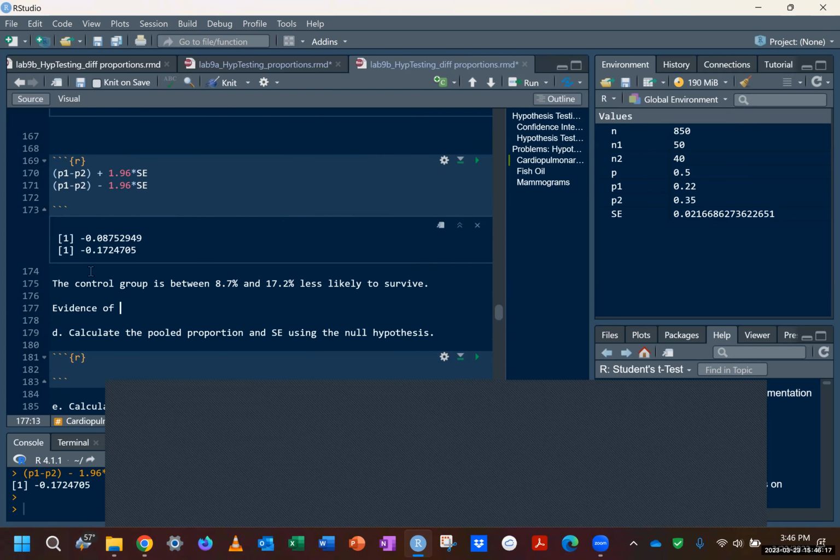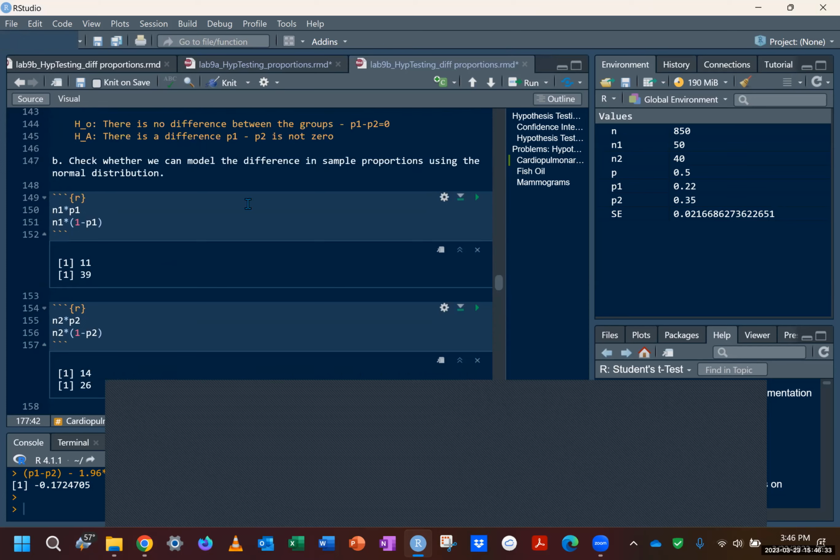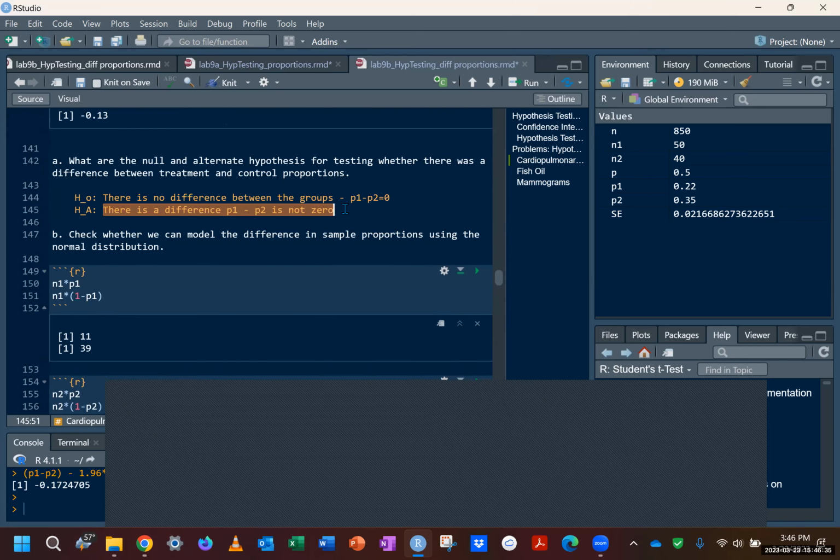Evidence, sorry, not the control group. Oh yeah, evidence the treatment increases survival. That's pretty significant. This is not just random here. We have evidence to reject the null, which says there is no difference. There is a difference.